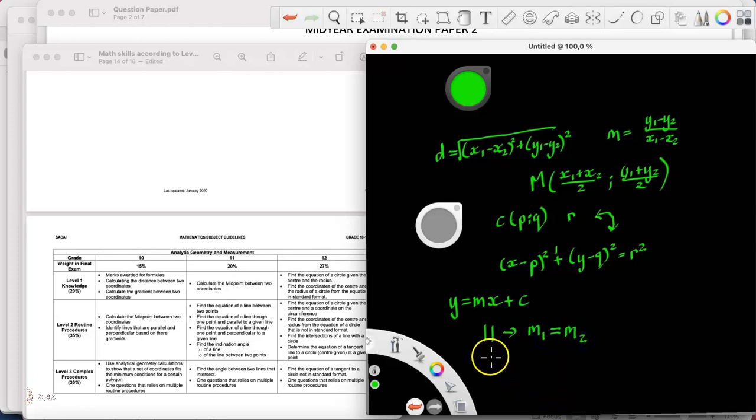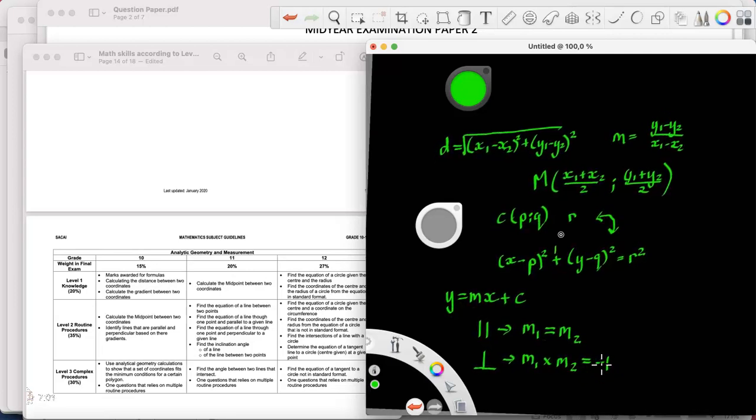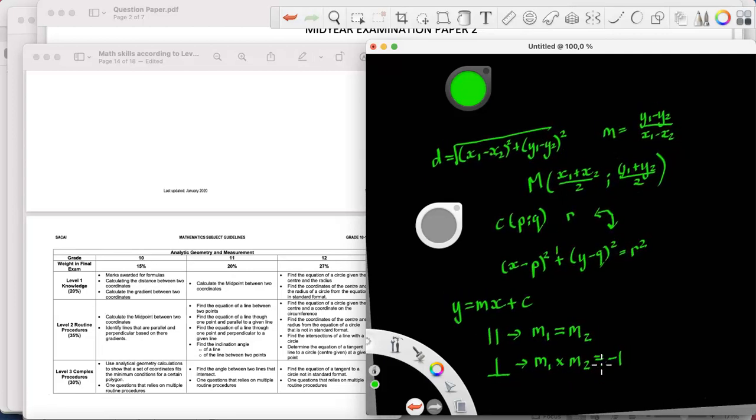Then I know lines are parallel. If lines are perpendicular, then you should know that gradient 1 times gradient 2 is equal to -1. That's what you should know and be able to apply.